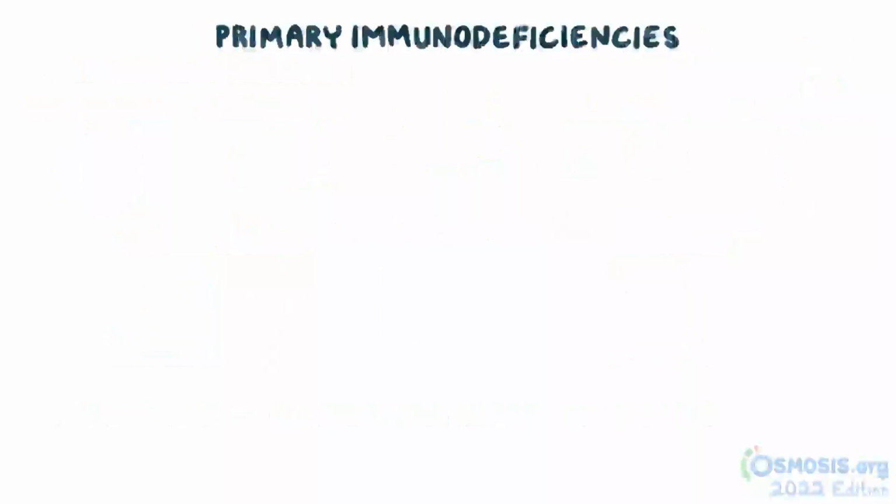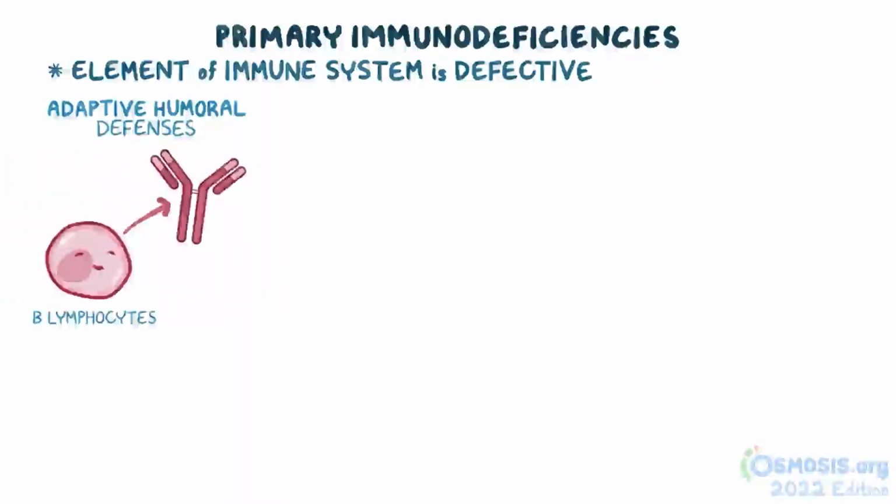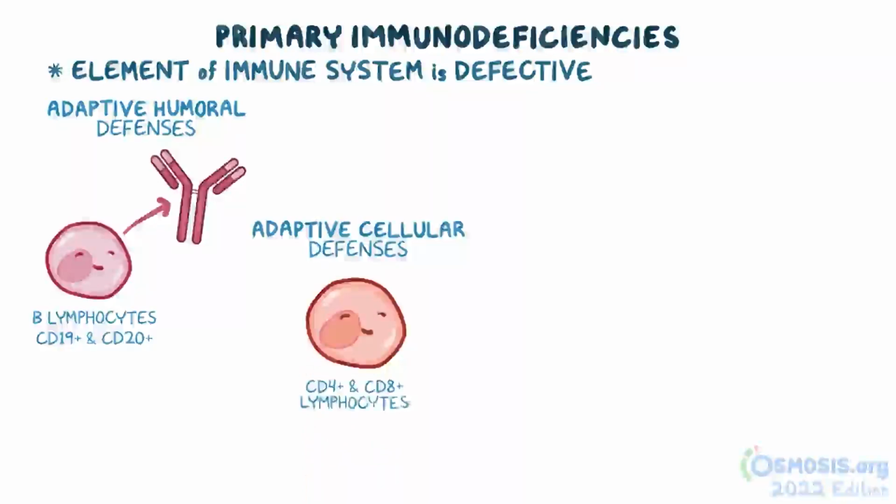On the other hand, primary immunodeficiencies can be classified according to the element of the immune system that is defective. The adaptive humoral defenses include immunoglobulins or antibodies produced by B lymphocytes that are CD19 positive and CD20 positive, while cellular defenses are mostly comprised of CD4 positive and CD8 positive lymphocytes.